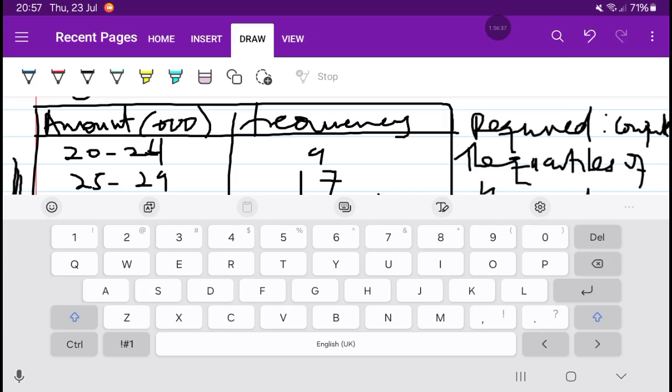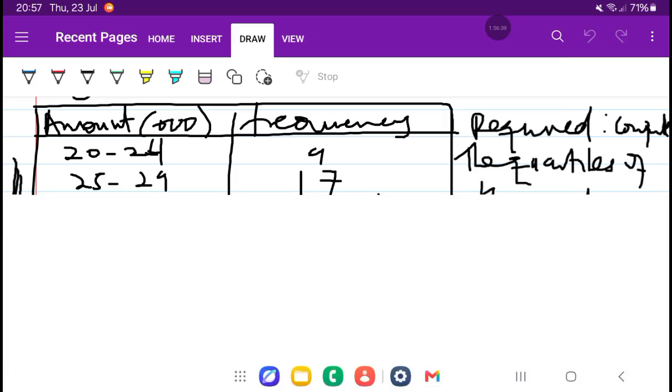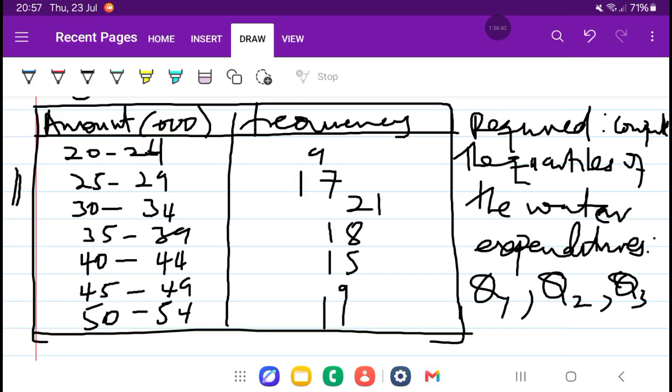If you don't want to go that way of adding 0.5, there is also another way. If I just get this plus this divided by 2, I'm very sure I'll get 24.5, because 25 plus 24 gives you 49, divided by 2, gives 24.5.